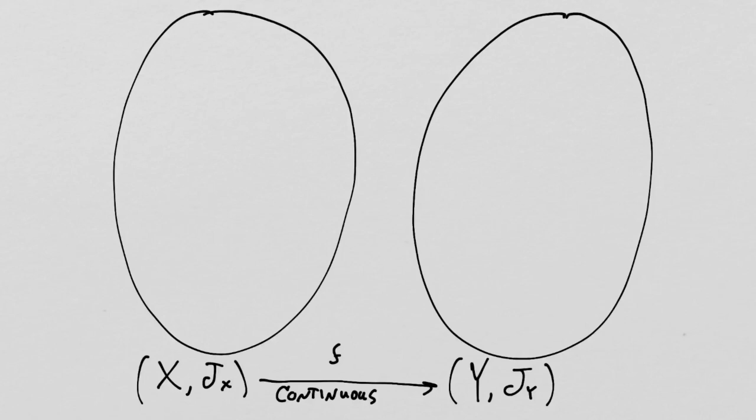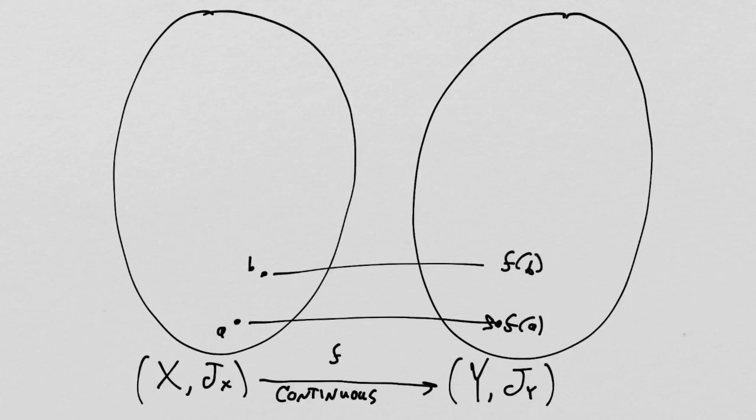Well, if we didn't have a topology, the only things we could really talk about would be: can you take a point A and generate a point f of A? And is it true that, say, for every other point B, f of B does not equal f of A?